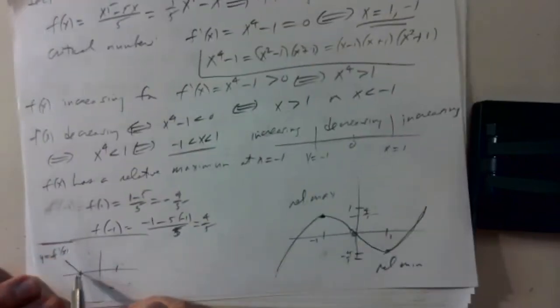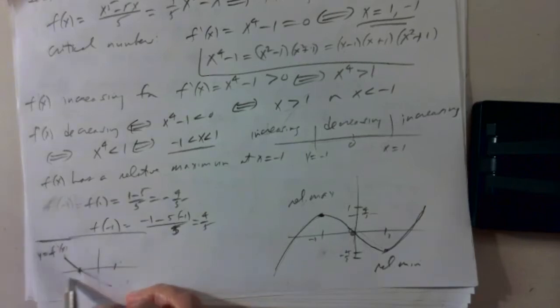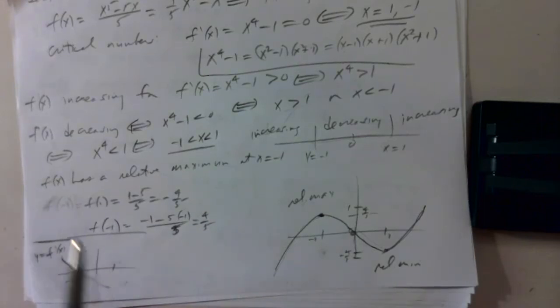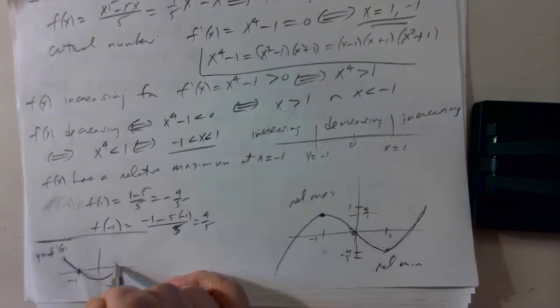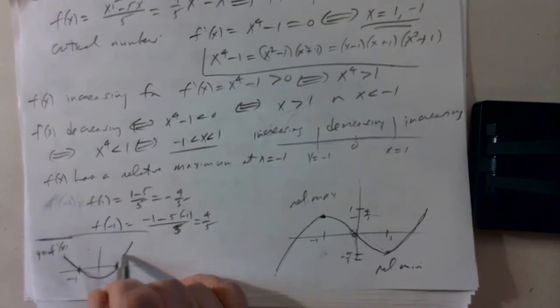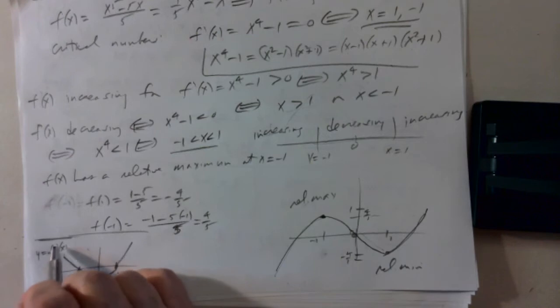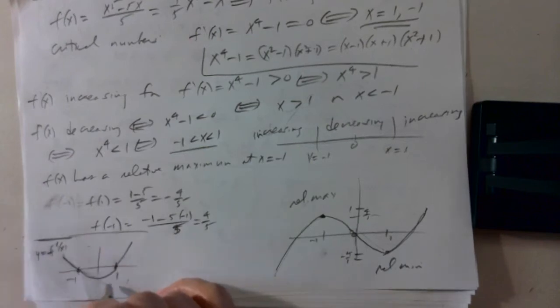The derivative is positive, that means above the x-axis, for x less than -1. For x between -1 and +1, the derivative is negative. It's 0 at 1, and then it's positive. It's increasing for x bigger than 1. So this is approximately the graph of the derivative.